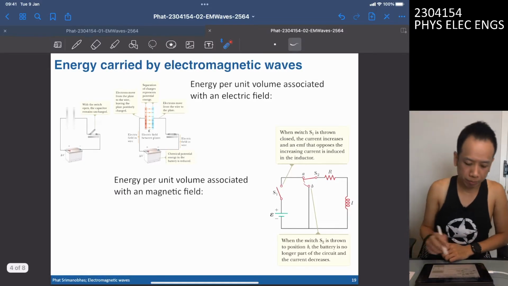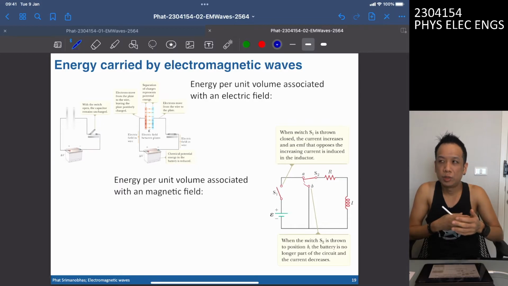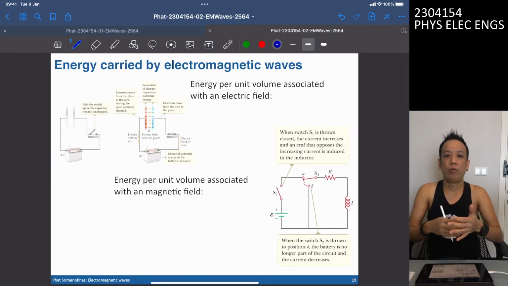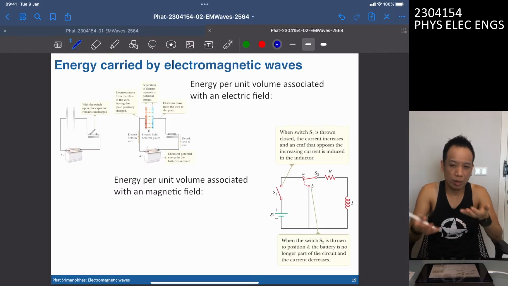Next topic. When you're talking about the wave, as you learned from the mechanical wave, at that time we started with how the wave is formed. You disturb the system, and then the system starts to vibrate, and that's a wave.